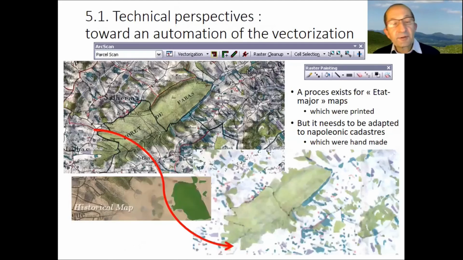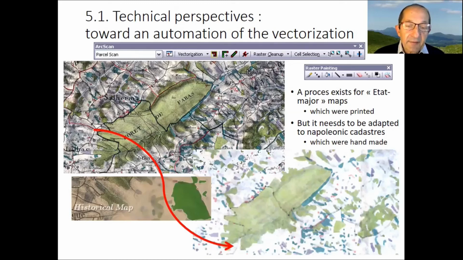So just to conclude, some perspectives. The visual maps in a raster format are interesting, but not very useful if one wants to make some deep analysis. So our idea is to vectorize. For several years, experiments have been done, first with état-major maps, which are easier to vectorize automatically because they have been printed, so they are more homogeneous than cadastres that were handmade.